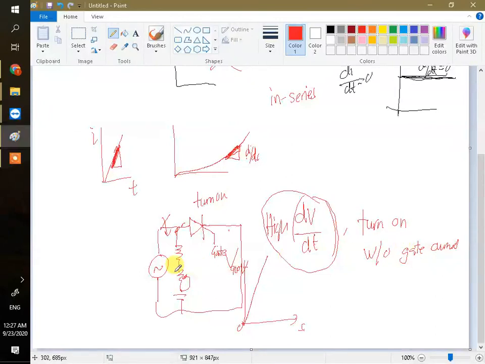That means when you turn on the power supply, the transistor also turns on. You don't need to control it. It's already turned on. So in order to solve this problem, we can use what is called the snubber circuit.